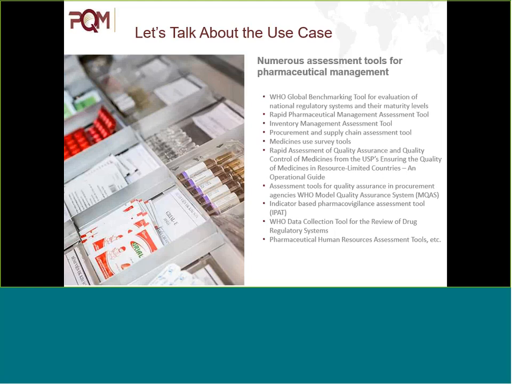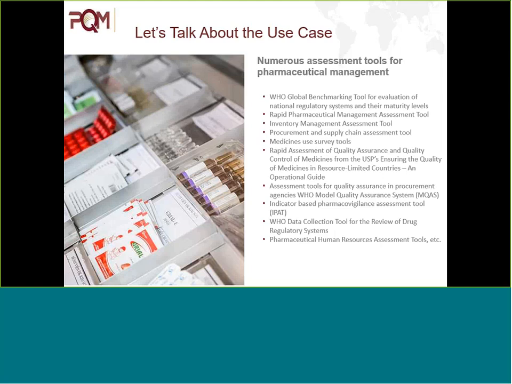starting from the most recent one from WHO, which is the global benchmarking tool for the evaluation of regulatory quality assurance agencies and systems, and then begin to use those assessment findings to define maturity levels for these regulatory agencies. So WHO has maturity level 1 to 5, where maturity level 5 is the Cadillac.